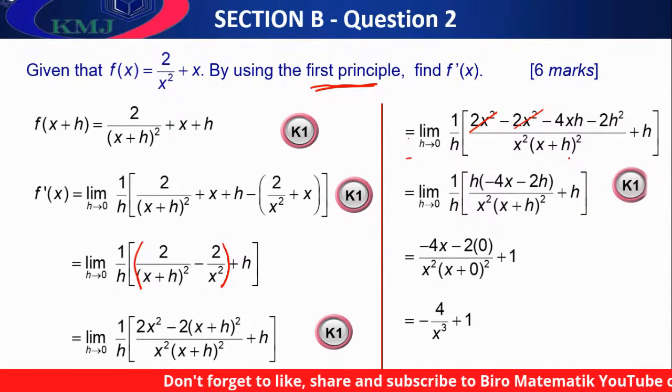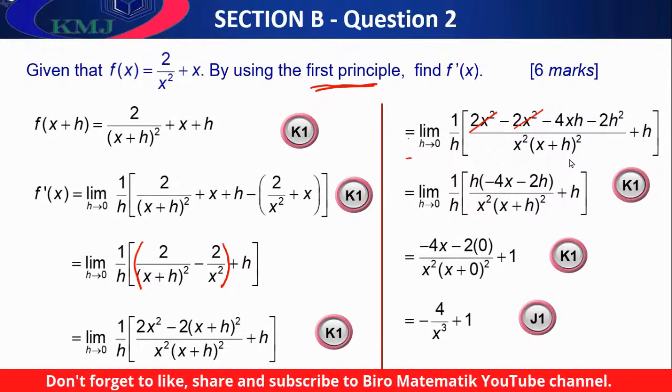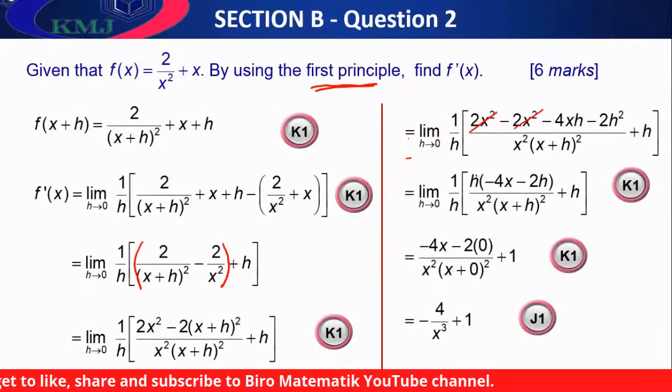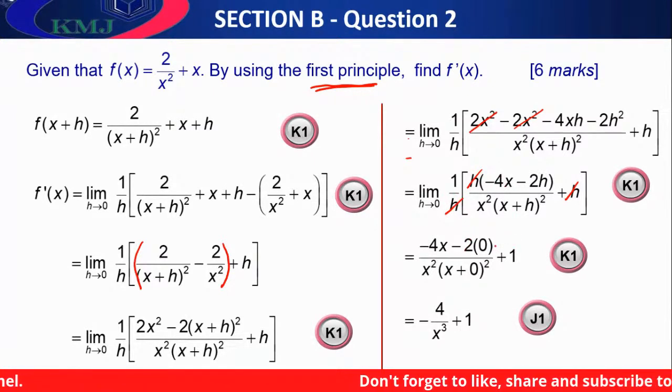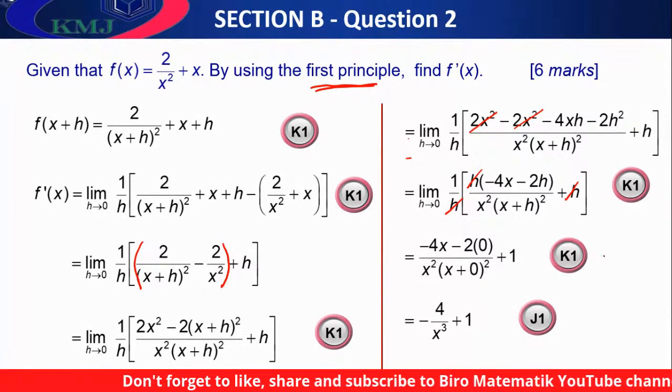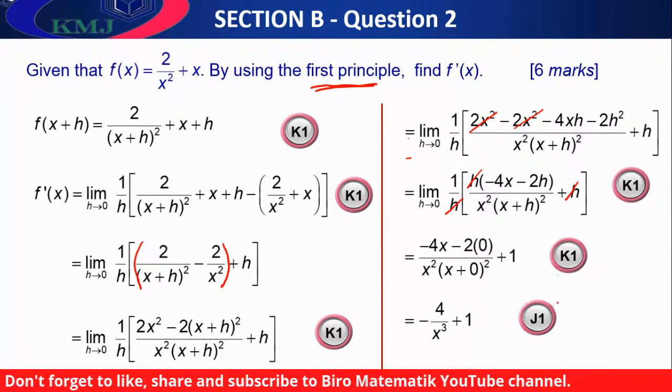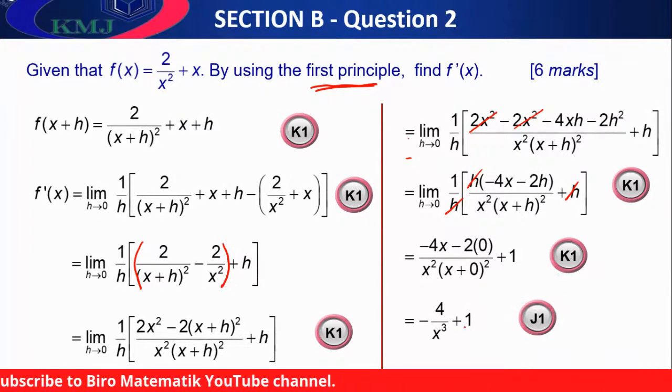Simplify, K1. Then we factorize h and divide by the denominator h. We substitute h with 0, K1, and the final answer is negative 4x cubed plus 1, J1.